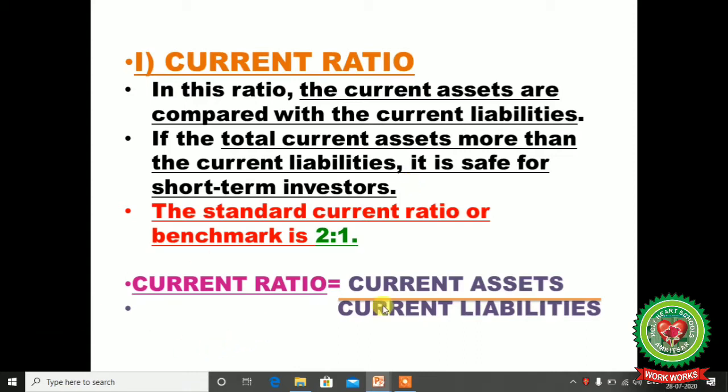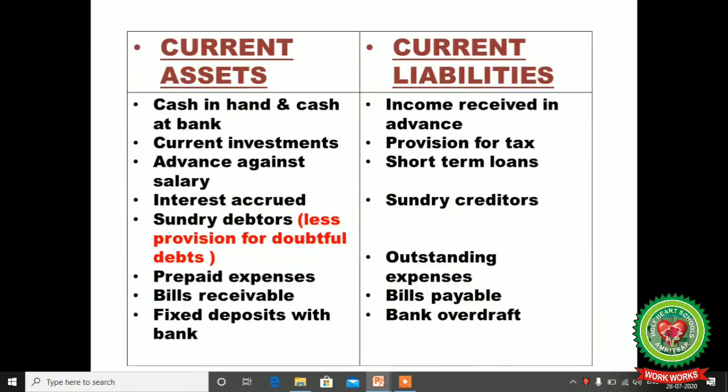Current ratio, the formula for current ratio is very important. How to find out the current ratio, students? Current ratio is equal to current assets divided by current liabilities. So, first of all, have a look at the current assets and current liabilities for the practical part.